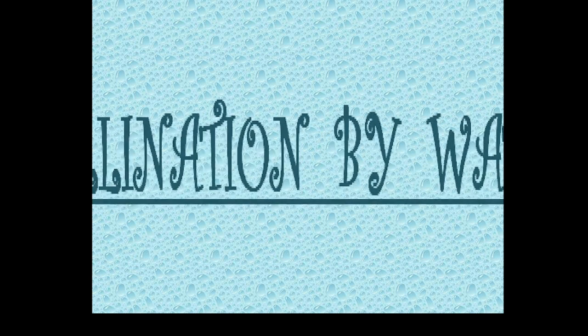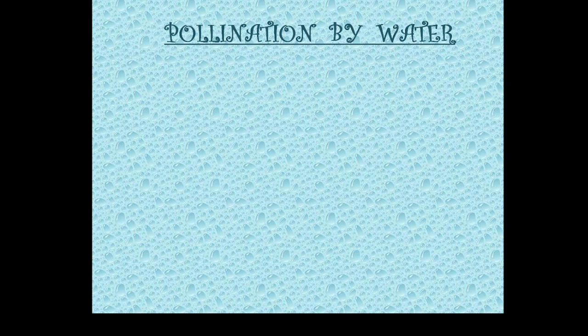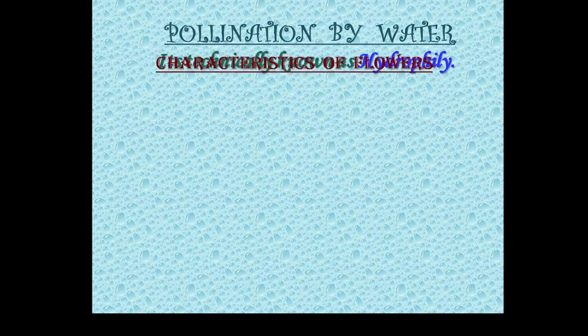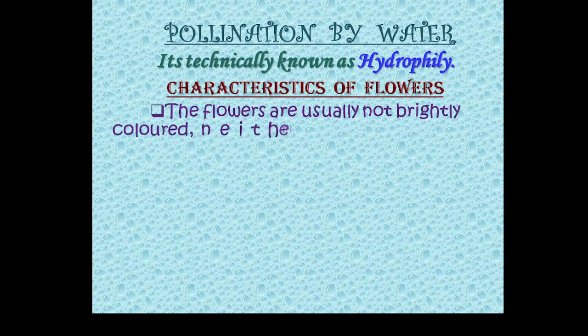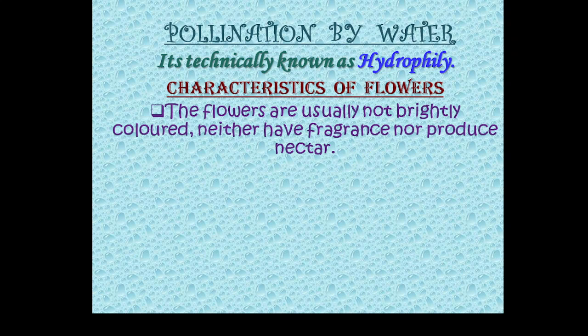Next, pollination by water. It is known as hydrophily. What are the conditions or the characteristics of flowers? The flowers are usually not brightly colored, neither have fragrance nor produce nectar. Okay, because water does not care about all these things.